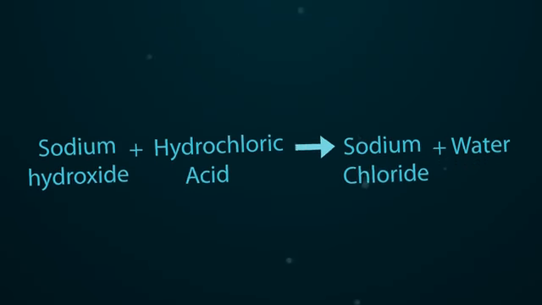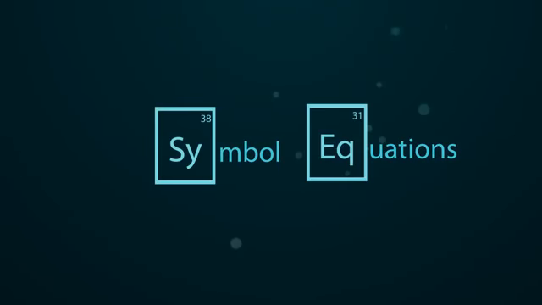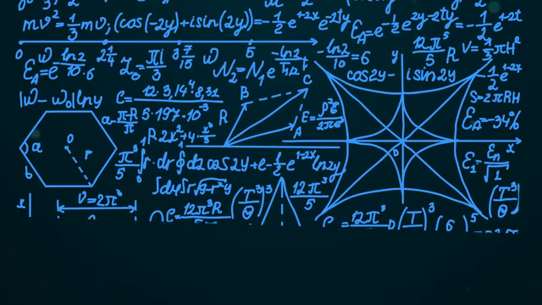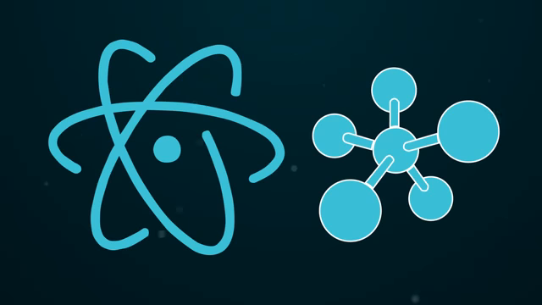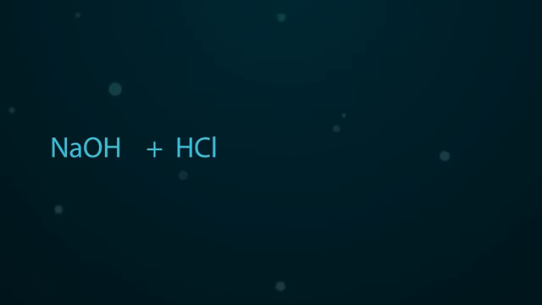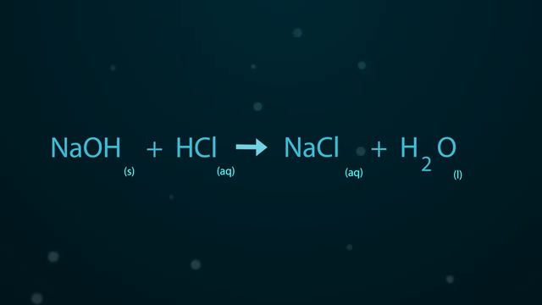A word equation provides a good summary, but a symbol equation provides more information. It shows more detail and allows us to see how many atoms and molecules are involved in each reaction. So if we look at the neutralisation equation again, the symbol equation is written NaOH plus HCl as the reactants, then an arrow to indicate the irreversible reaction, which gives NaCl plus H2O as the products.